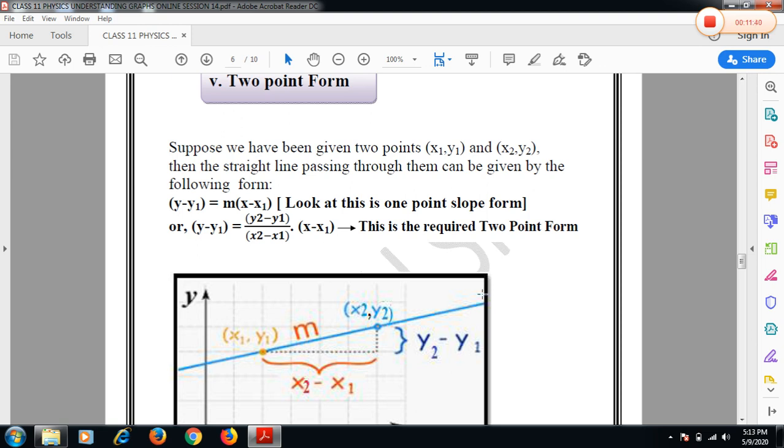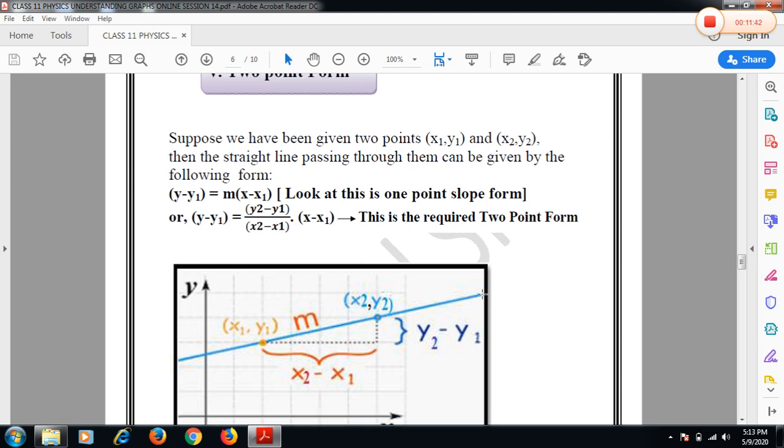So, let us look at the figure. In the previous form, we had been given only one point, that is (x1, y1). That is why we needed to assume another point (x, y). But here we have been given two points, right? That is (x1, y1) and (x2, y2). So we can easily find out the slope. Slope equals tan theta, right?